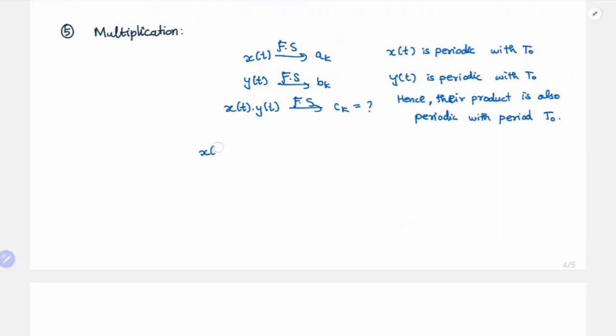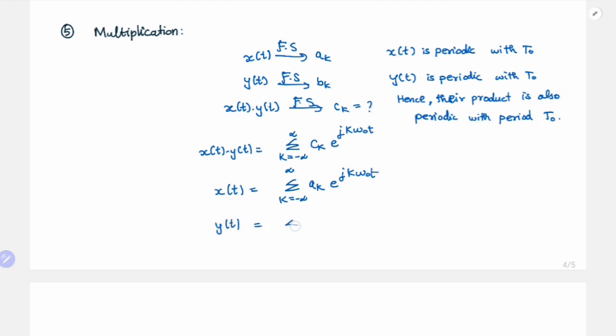So x of t into y of t will be nothing but the summation k equal to minus infinity to infinity of ck e power jk omega naught t. What about x of t? Summation k equal to minus infinity to infinity of ak e power jk omega naught t, and y of t is summation k equal to minus infinity to infinity of bk e power jk omega naught t.